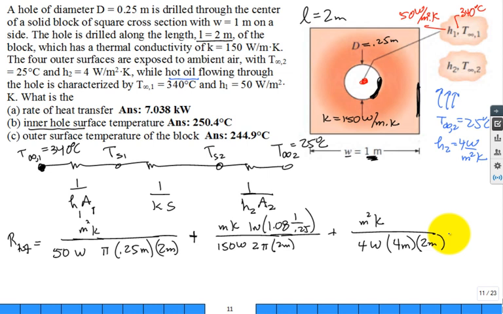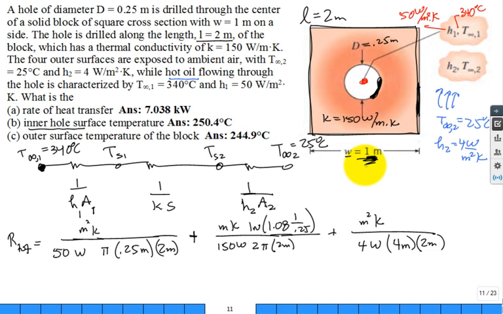The formula is 2 pi L divided by the natural log of 1.08 W over D. Oh, this is 1 edge, 2 edge, 3 edge, 4 edge, and each of them are 1 meter long, 4 meters. That's where the 4 meters came from. And then depth of 2 meters. That's right. I should have switched it to capital L.